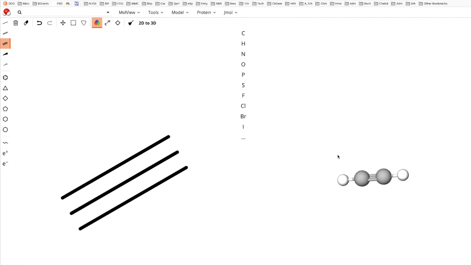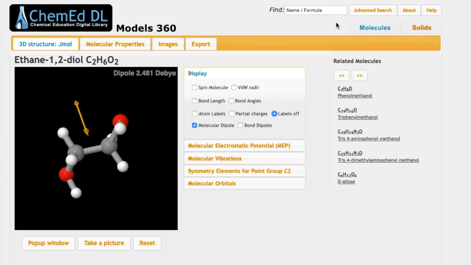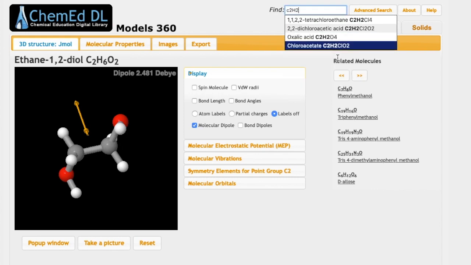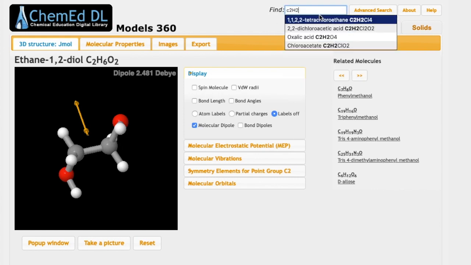And then I'm going to do the file. Here it is right here. Okay, it's linear, just like we predicted it would be. Copy and paste. And let's use ChemDL to figure out what the so it's C2H2, and what we have here is C2H2. It's not shown here.